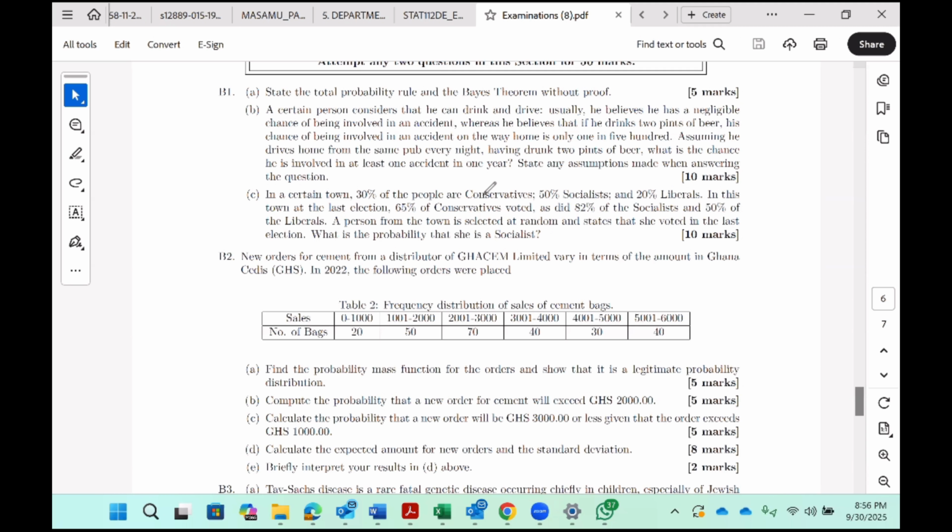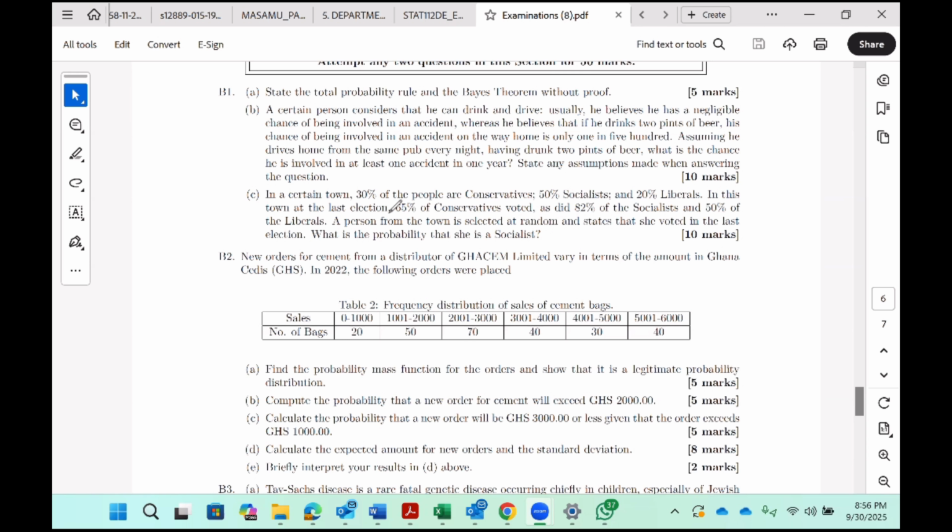In a certain town, 30% of the people are conservatives, 50% socialists, and 20% liberals.